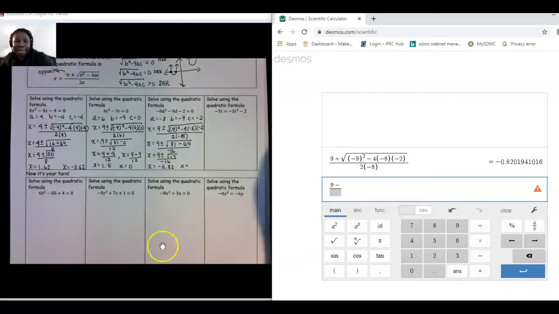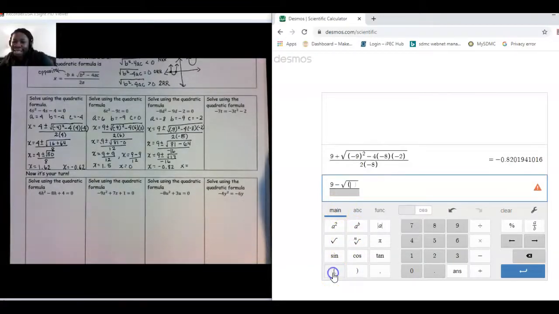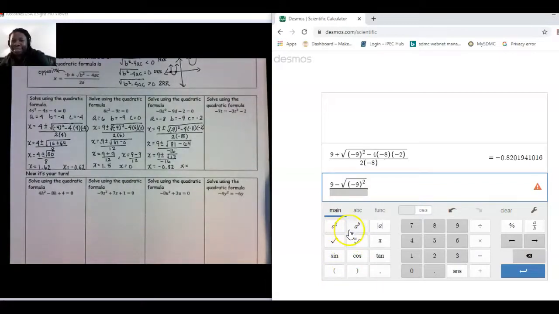So it's 9 minus the square root of. It's not like the Inspire where you could just highlight and copy. Wouldn't that just be wonderful right now? And then minus 4. So notice nothing about this changed other than this plus and minus right here.